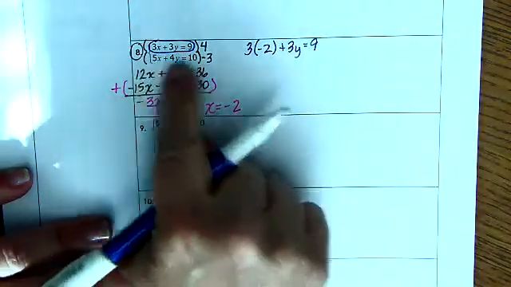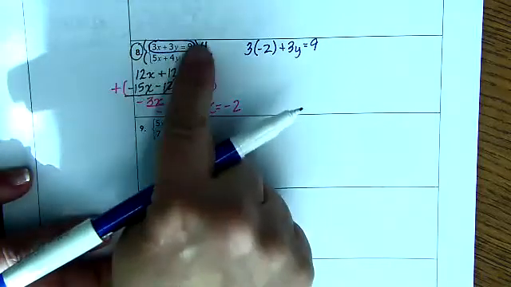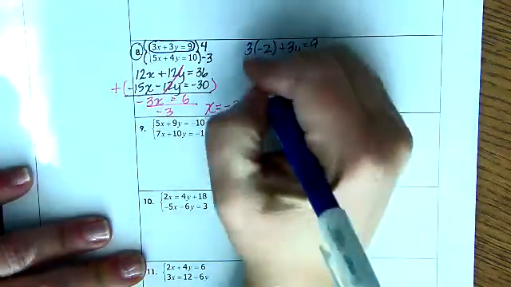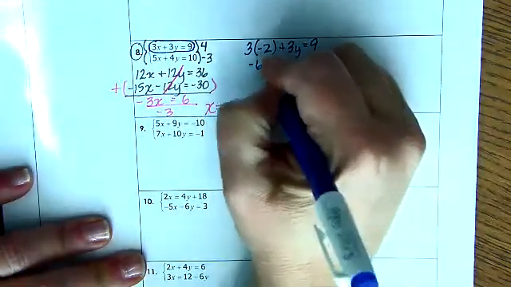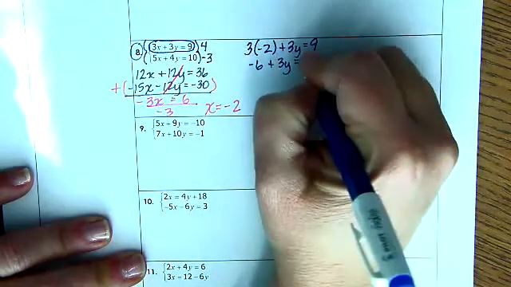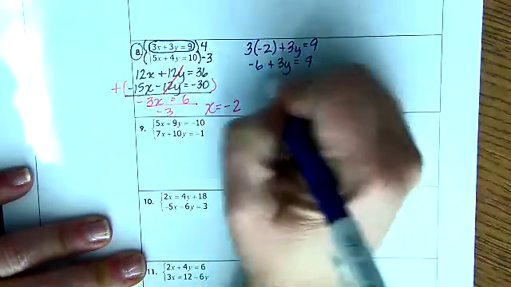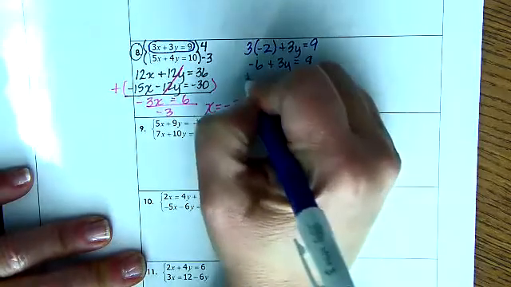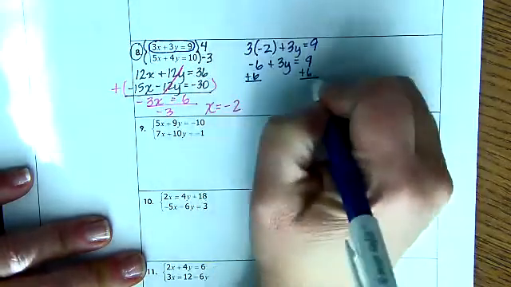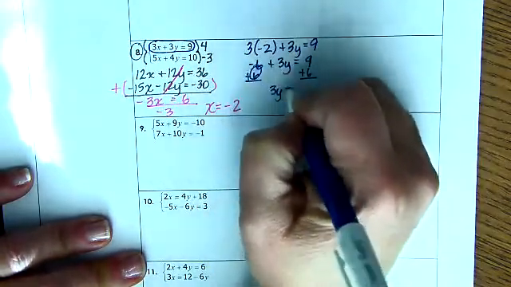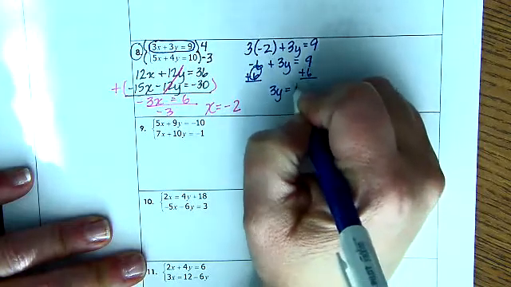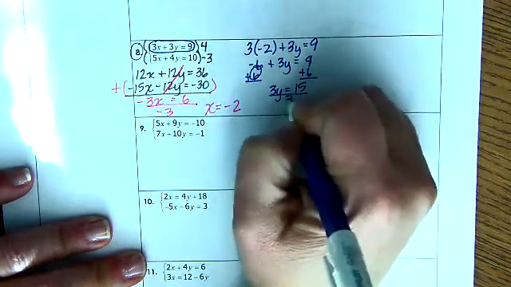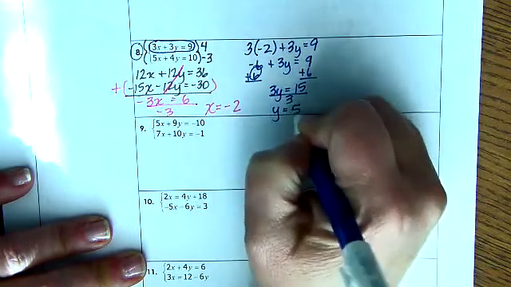I could have easily picked this equation and then I check with this one. So I have -6 plus 3y equals 9. So we add 6 to both sides. 3y equals 15. Divide by 3, and y equals 5.